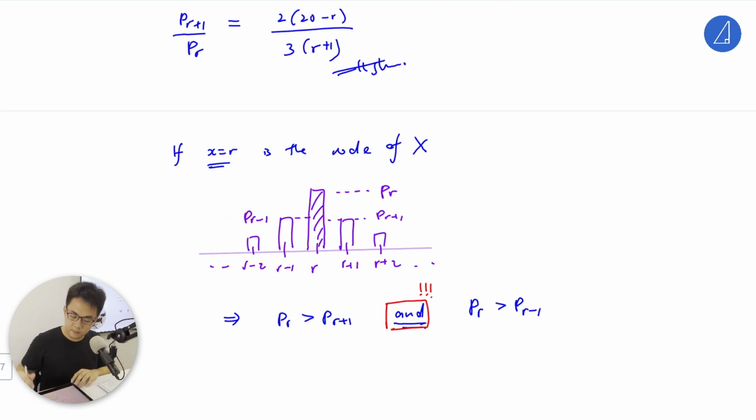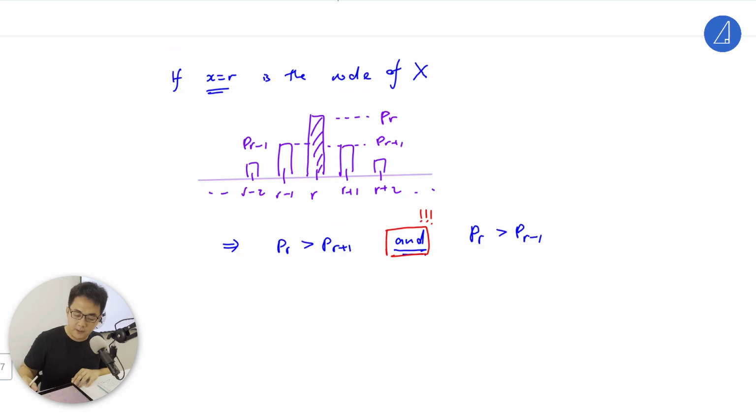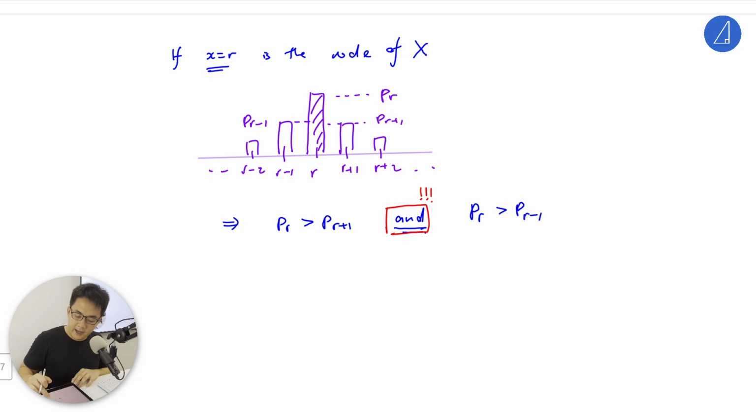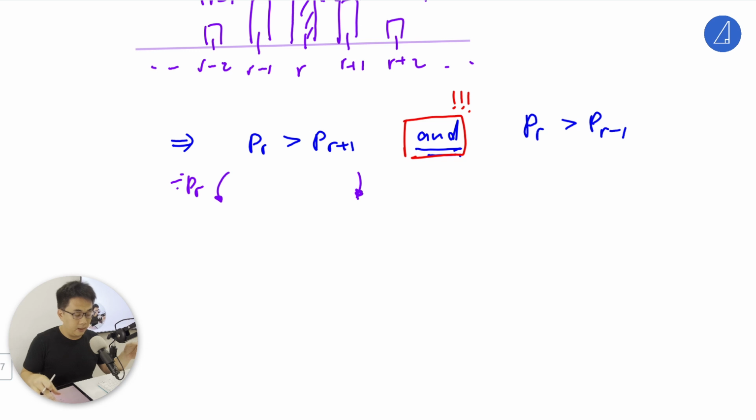Now, note that because I have P(R plus 1) over P(R), I can divide both sides by P(R). On normal circumstances, I can't do it. I'll repeat.